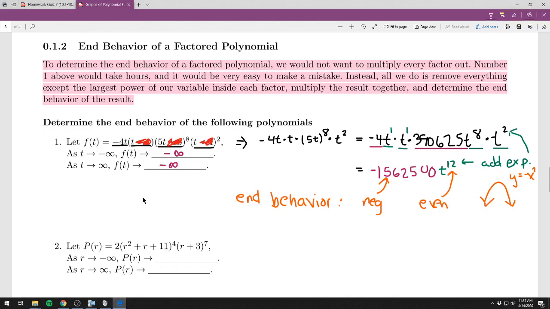Right, so one of the things I wanted to mention is why this works. If you tried to multiply out our entire polynomial at the beginning, you would see that this is the leading term. And I'll show you that in just a second. All right, so what I'm about to show you, I took the original polynomial and I typed it into Wolfram Alpha, but you can use a lot of algebra software that'll multiply it out for you.